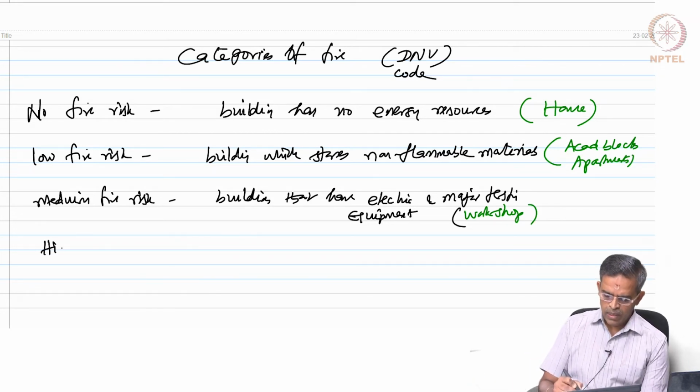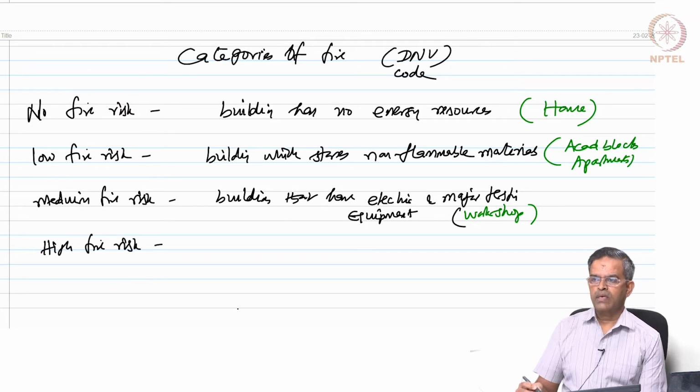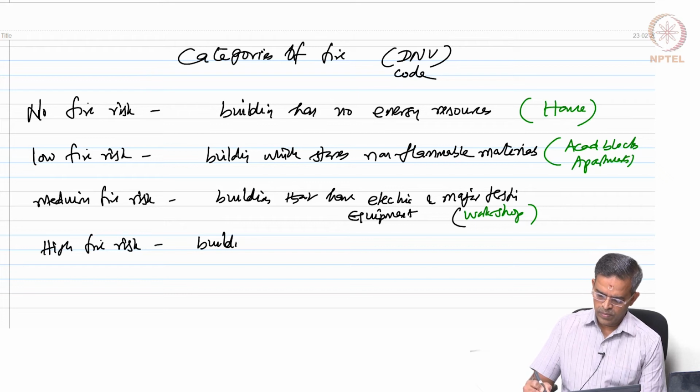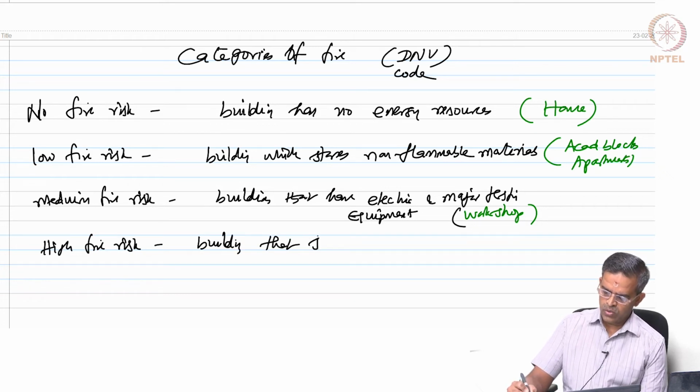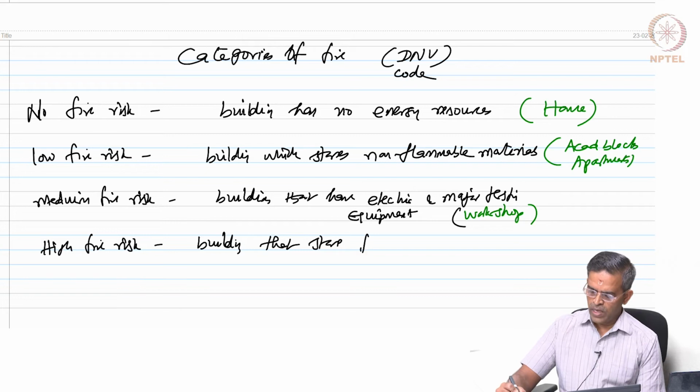Lastly, high fire risk. These can be buildings that store flammable liquid.